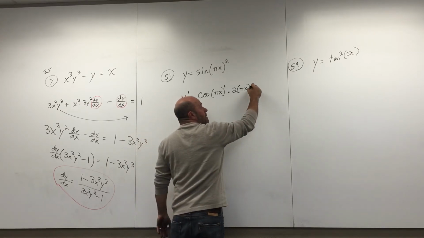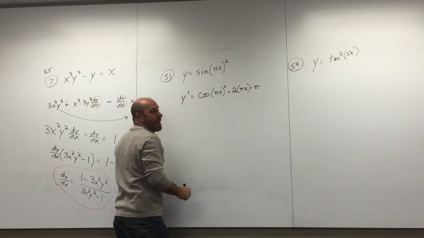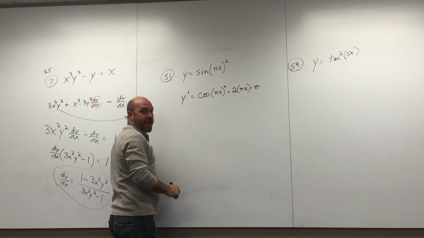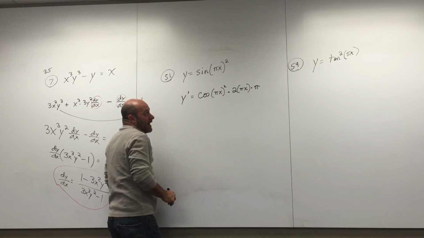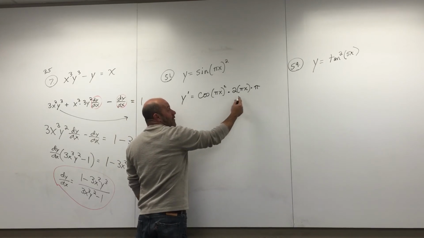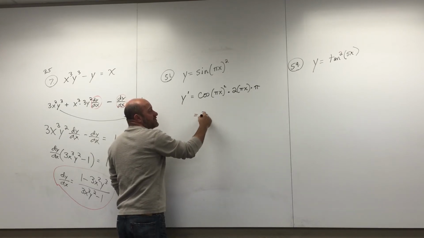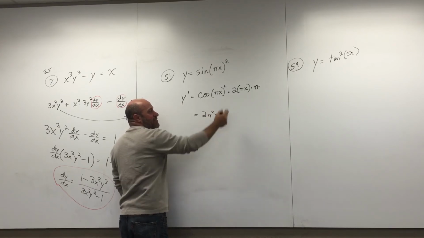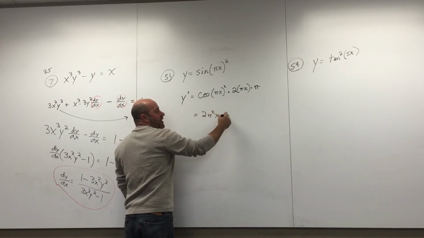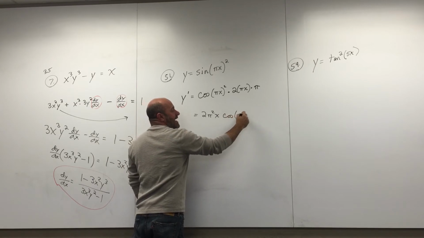Pi. That's the answer, you guys. I can clean it up a little bit. I would like to move all this stuff kind of out front. It's a 2 pi squared x. Is that okay with you? In front of cosine pi x squared.